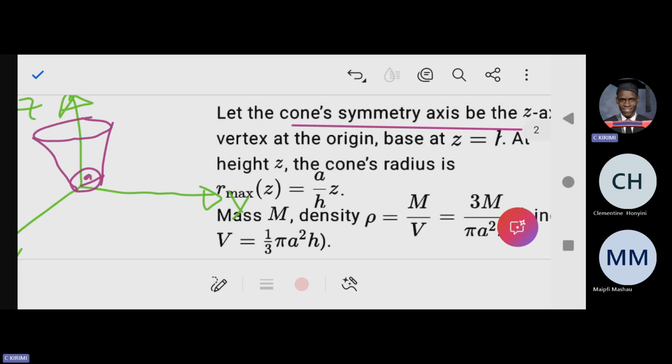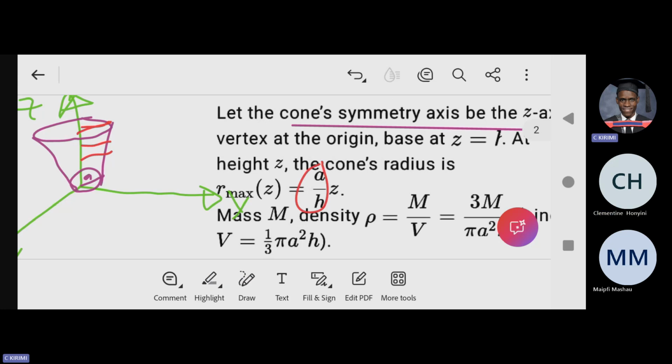So at any given point in time, the radius from the center to the cone is given as a function of z: the radius r is a over h multiplied by z.